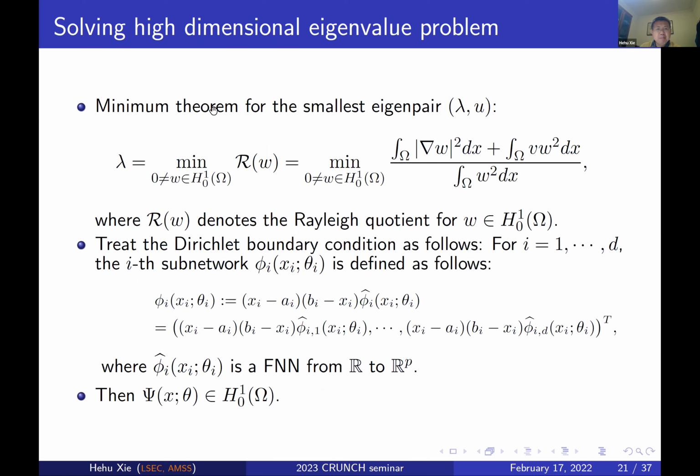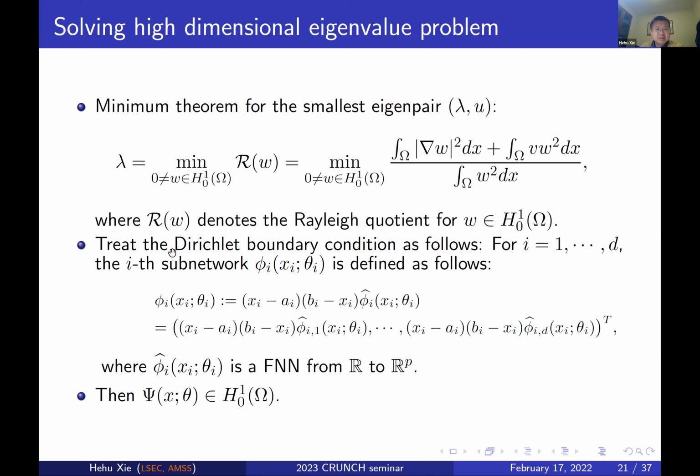In order to define the loss function, we only consider the smallest eigenpair. Here we consider the Rayleigh quotient for the smallest eigenvalue. So this is maybe a standard way to define the eigenvalue. You can also define an eigenvalue which is not the smallest one.